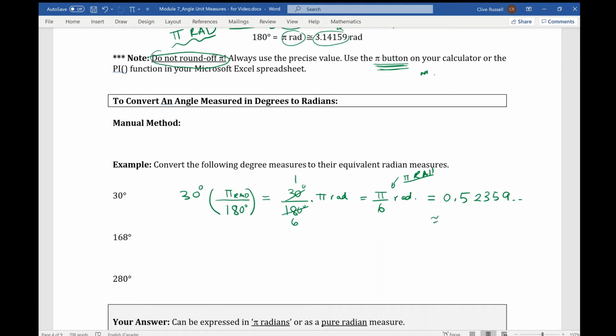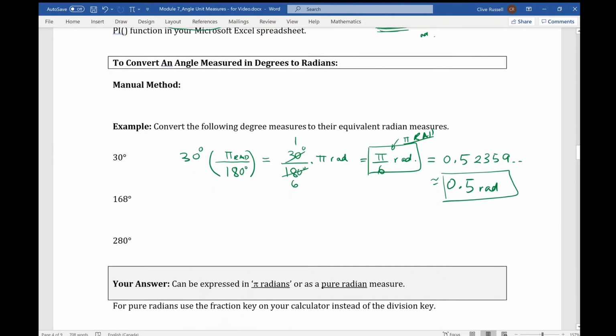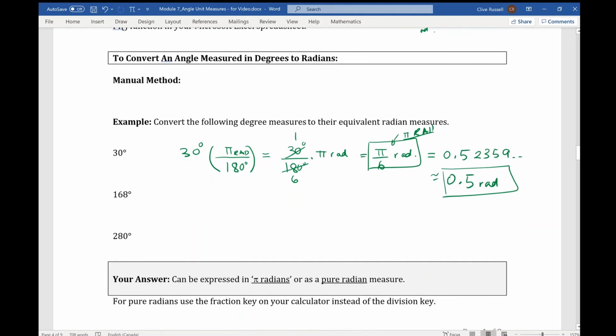But again, remember that when you're rounding your decimal degrees, you round to one decimal place. So therefore, this will be just 0.5 radians. Right, so our answer is either pi by 6 or 0.5 radians. So that's all there is to that one.